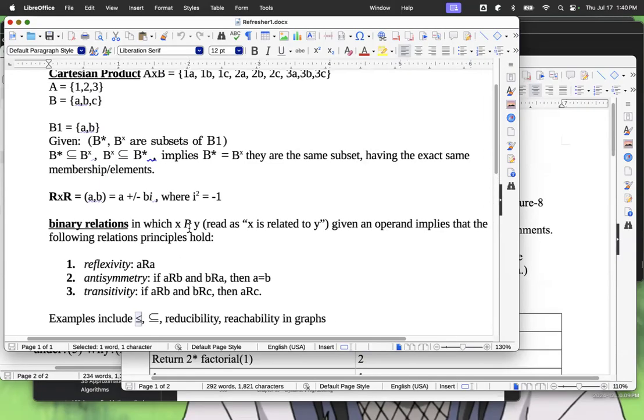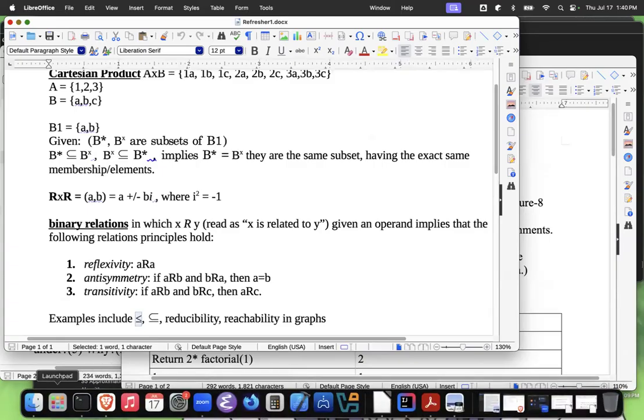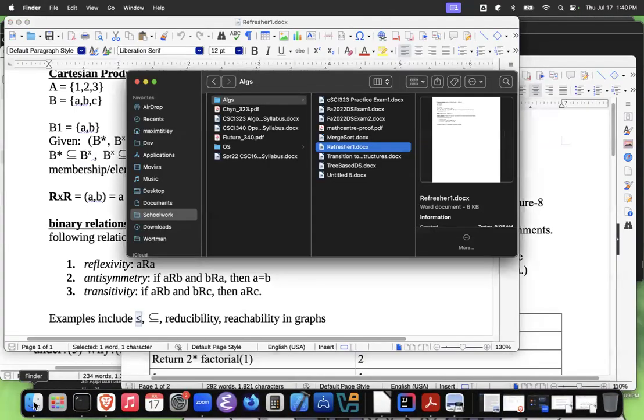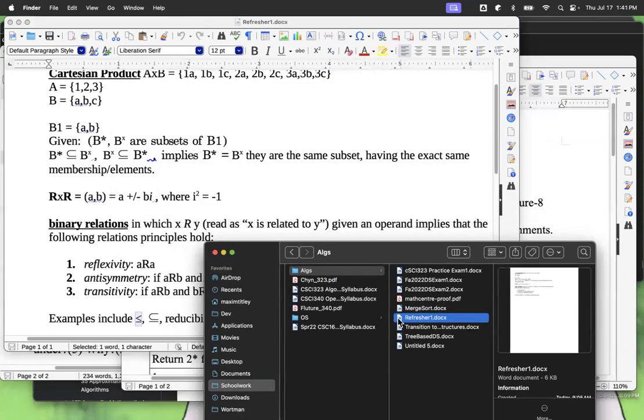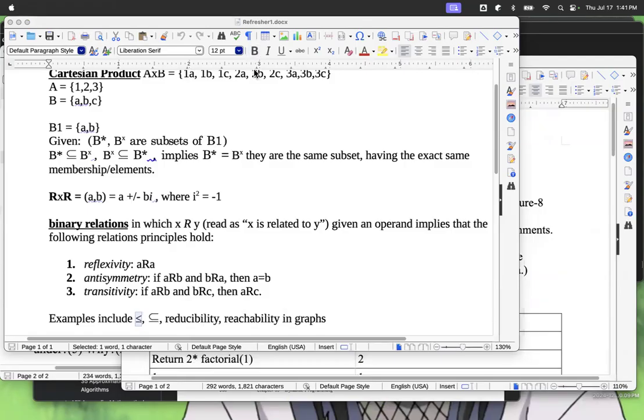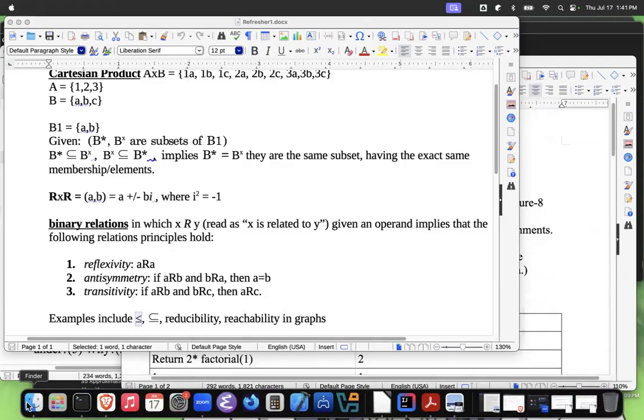But I tell you what, if you want to look along right here, right now, let me open up the chat and help yourself to the refresher. Everybody got that?